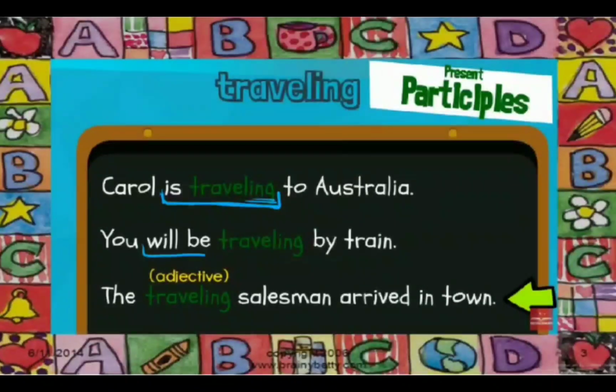Will be, both are helping verbs, so this is a verb. The traveling salesman. Does the word traveling have a helping verb before it? No, it doesn't. Hence, this traveling is not a verb. Here it is doing the job of an adjective.